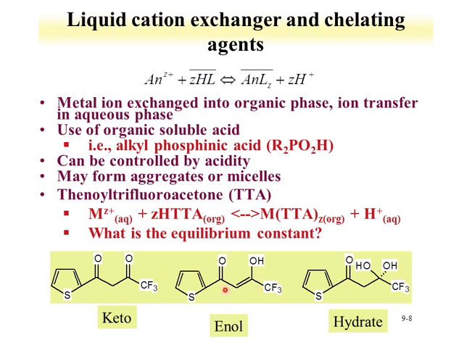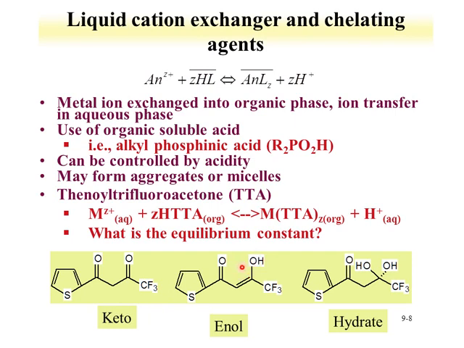One is this enol form, where we can have a deprotonation occur here, that can allow the coordination to occur, and this ligand, the TTA, uses this trifluoro group here as an electron withdrawing group to lower the pKa of this ligand.